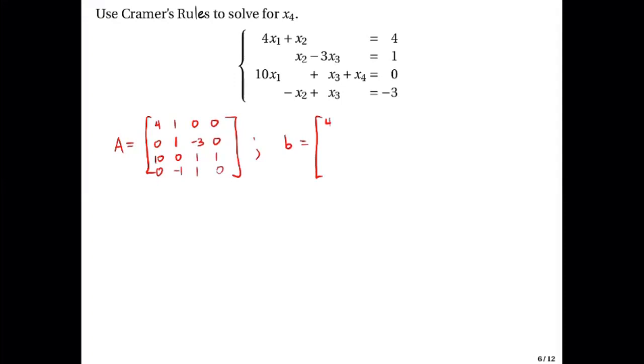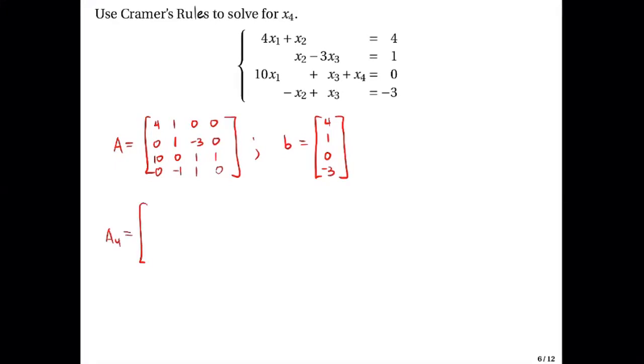We have 4, 1, 0, negative 3. And we will need A sub 4 because we want x sub 4. A sub 4 is the same matrix except that we replace the fourth column by this matrix B.